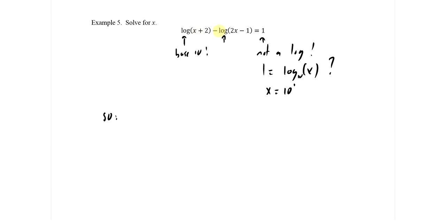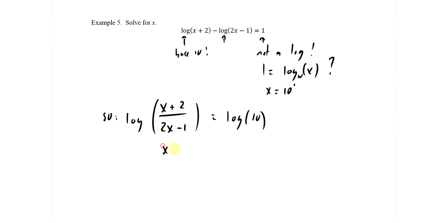So what do we have? Well, I have two logs subtracted, so I can make that into one log by dividing the two things. And I can rewrite my 1 as being log of 10. Right? Because 1 equals log base 10 of x, which means x equals 10, so 1 is equal to log of 10. Great.